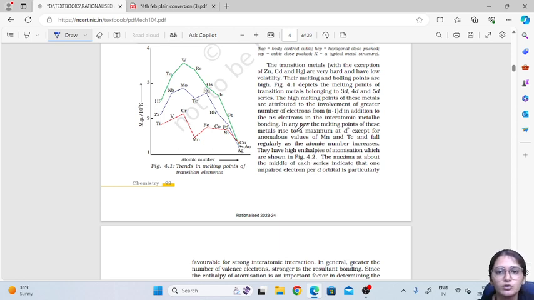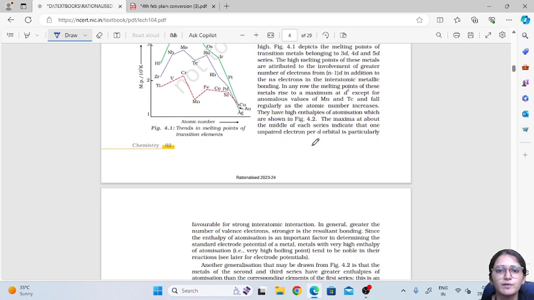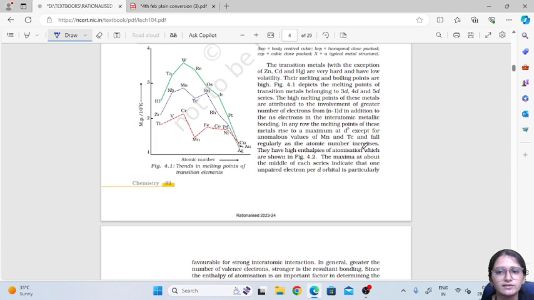In any row, melting points rise to a maximum at d5, except for anomalous values of manganese and technetium, and fall regularly as the atomic number increases. Here we can see in the first elements, titanium, vanadium, chromium, melting point increases.